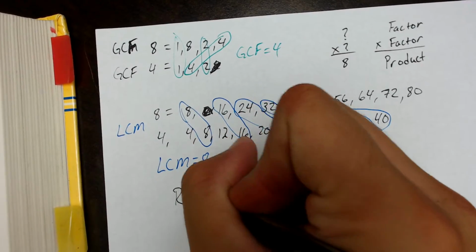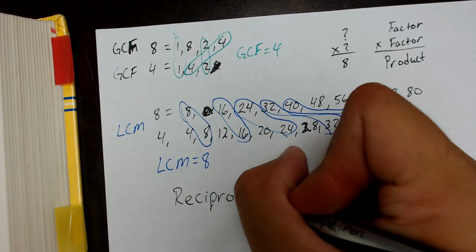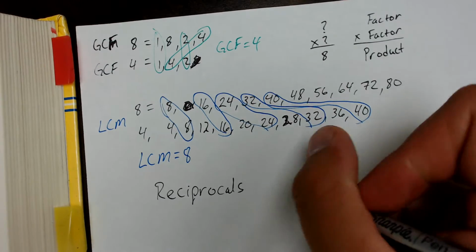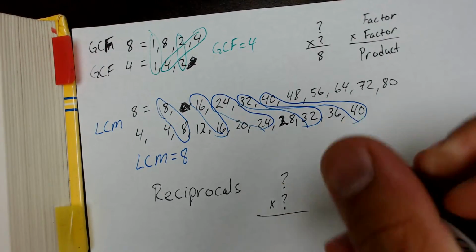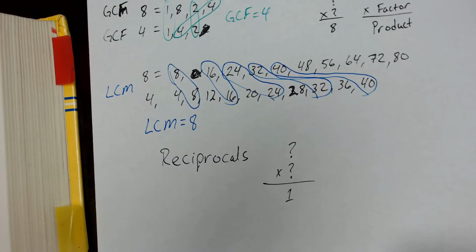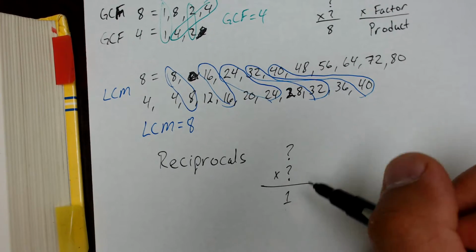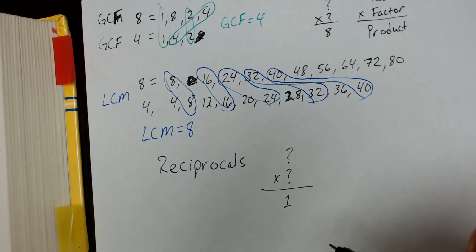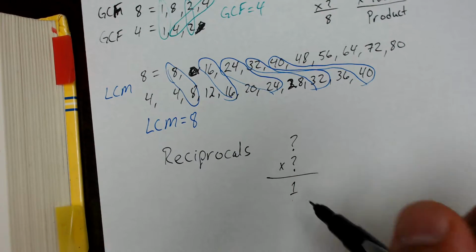For a reciprocal, the problem here is what number times another number equals a product of 1. Okay? So, reciprocals multiply to equal the number 1 all the time. Now this is very important because this can be used to check your answer, and you will always know you're right as long as your answer equals the number 1.